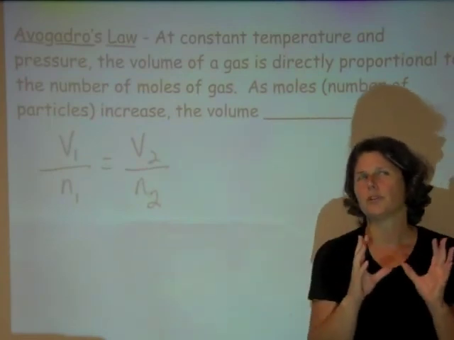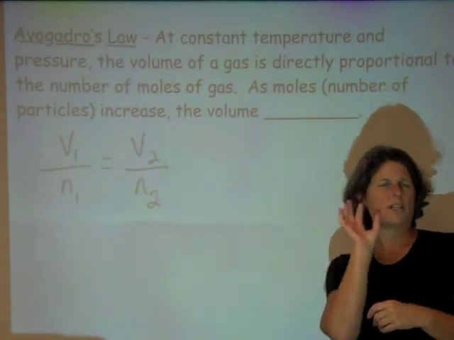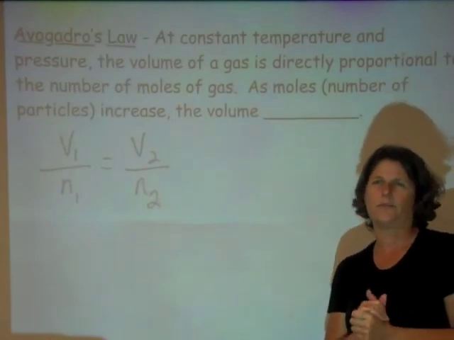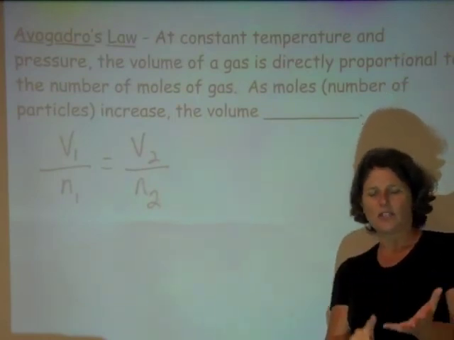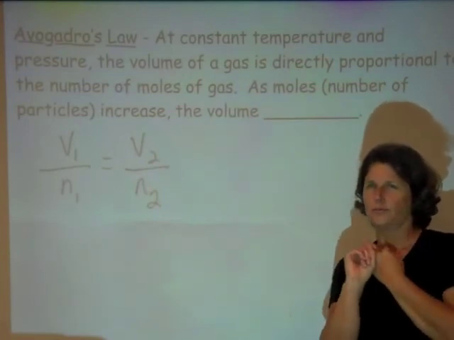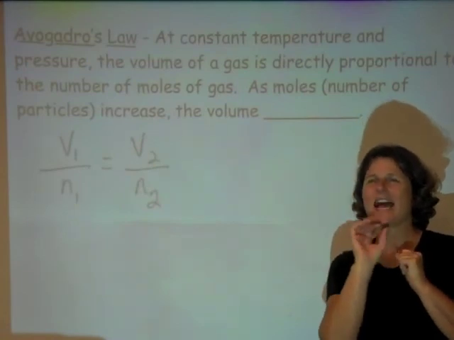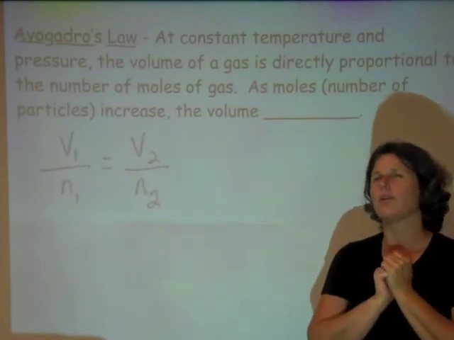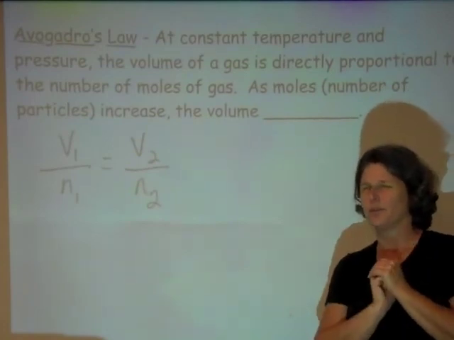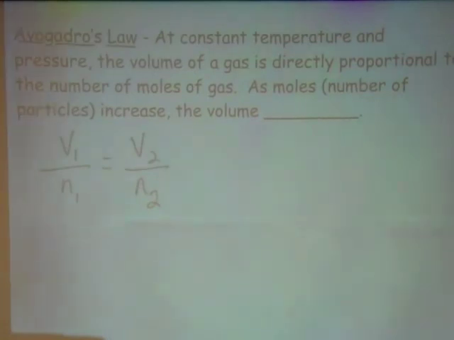Let's say 3 balloons because they are flexible. One is nitrogen gas, one's oxygen gas, one is water vapor. And they are at the same temperature, pressure, and volume. What you know, you guys, is that you have exactly the same number of moles of gas in each one of those balloons. Okay, make a note of that.